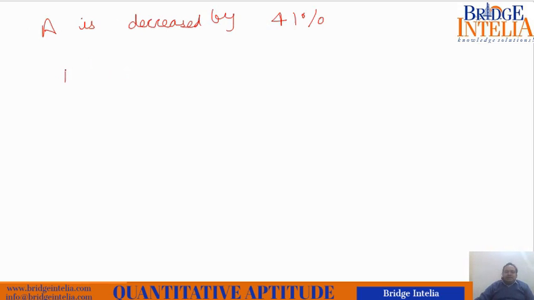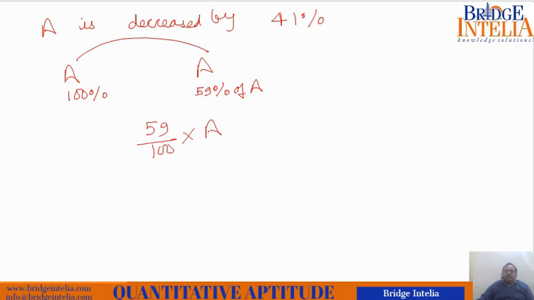Then basically A, which is 100% of itself, you want to reduce this by 41%. That means now you want to find only 59% of A. So 59 by 100 into A is what you are going to find. Now what is 59? 59 is 100 minus 41. So this is 100 minus 41 by 100 into A.